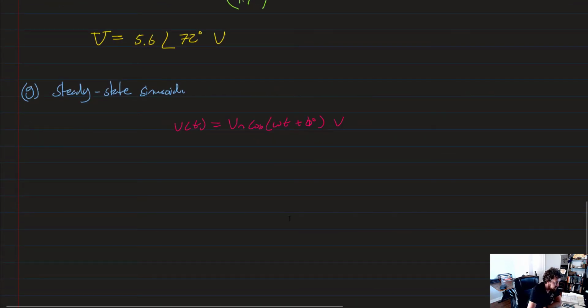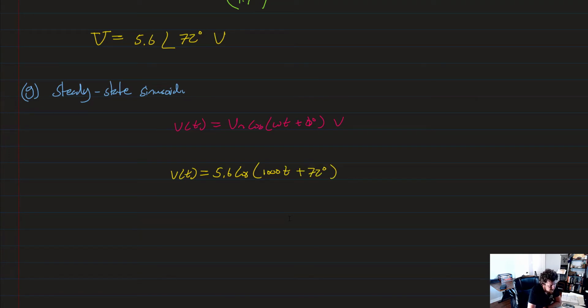We know that omega was 1,000 way back up there at the top. And so we'll get that our v of t is equal to, Vm is just 5.6, we've got that in the phasor, times the cosine of 1,000 t plus 72 degrees. And that is given in volts.